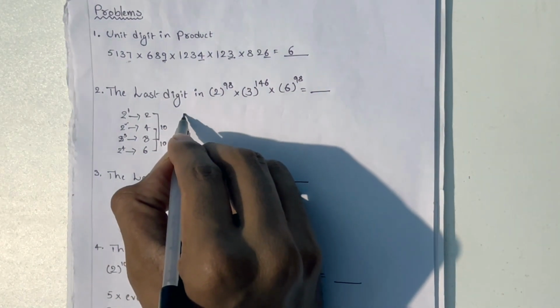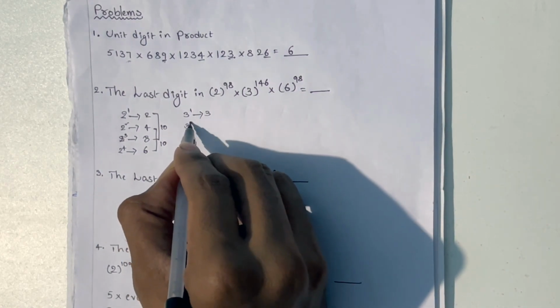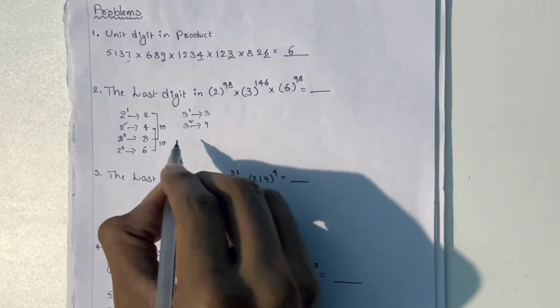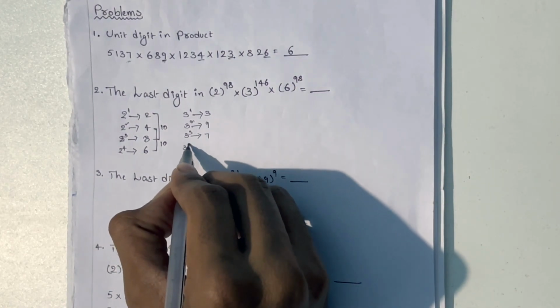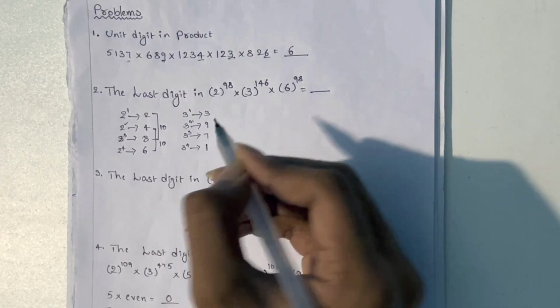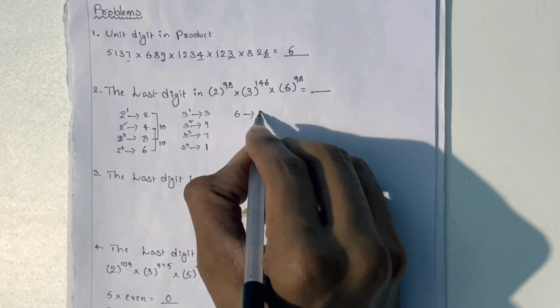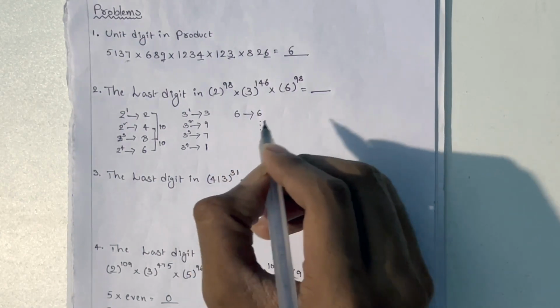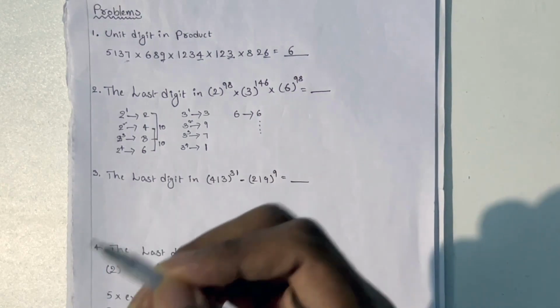For 3 also, we can write 3 square is 9, 3 cube is 7, and 3 power 4 ends in 1. For 6, it remains 6 for every power: 6 square is 36, 6 cube also ends in 6.